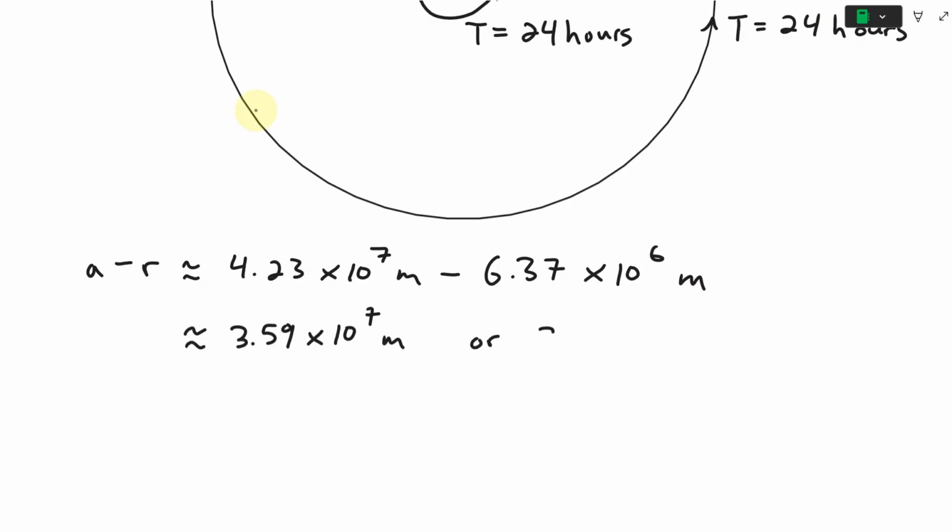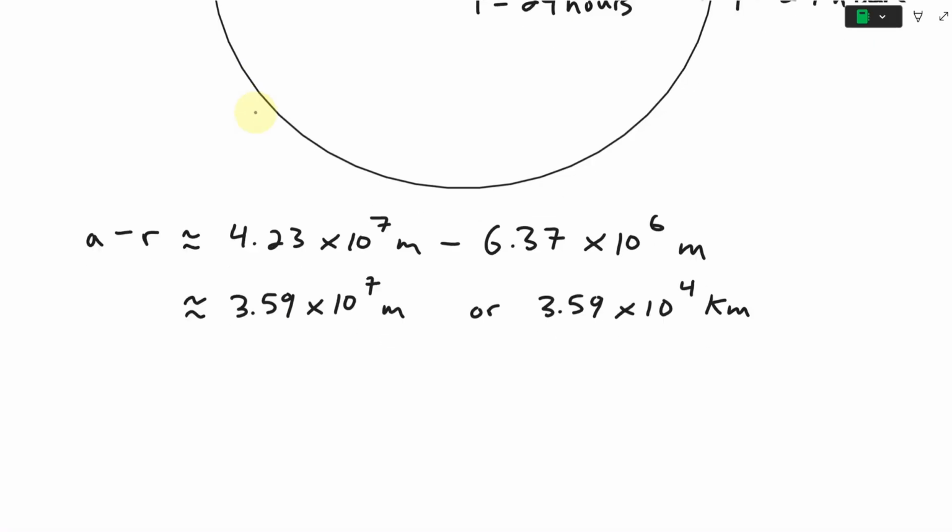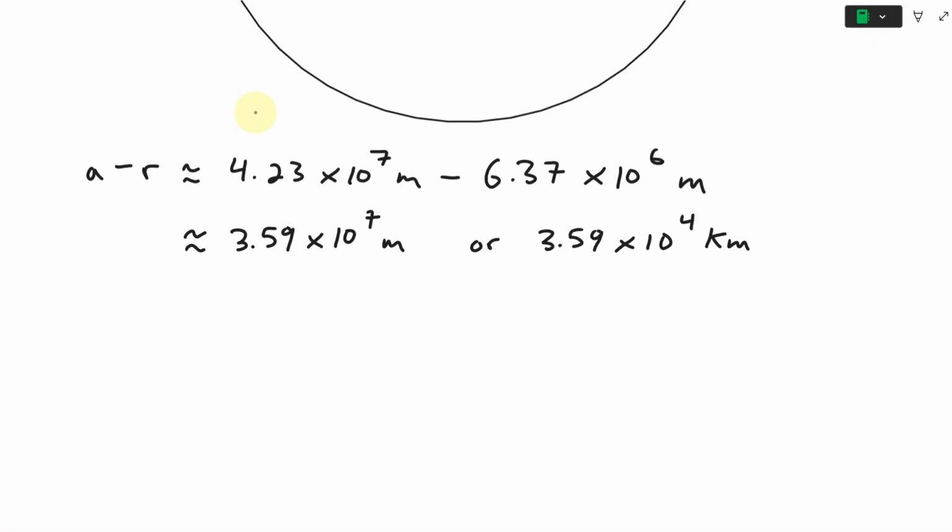We're going to get 3.59 times 10 to the power of 4 kilometers, again the standard units in the metric system. I'll write this in actual full numbers, so 4 decimal places.